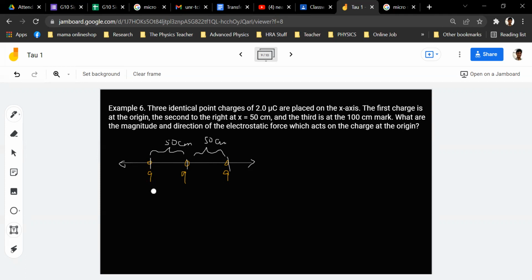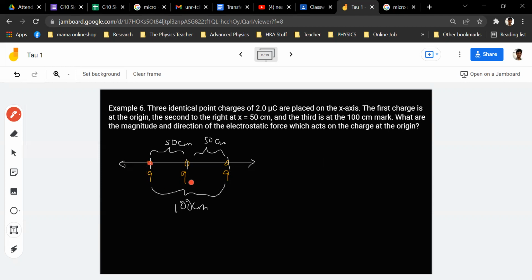And the first charge is 100 centimeters away from the third charge. So the question is, what are the magnitude and direction of the electrostatic force which acts on the charge at the origin? So the charge at the origin is this charge.